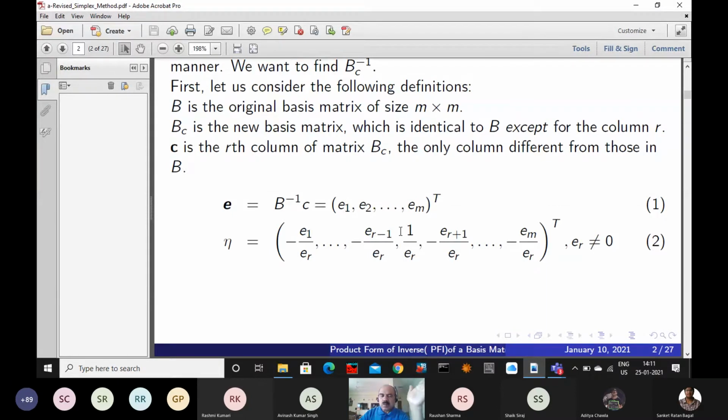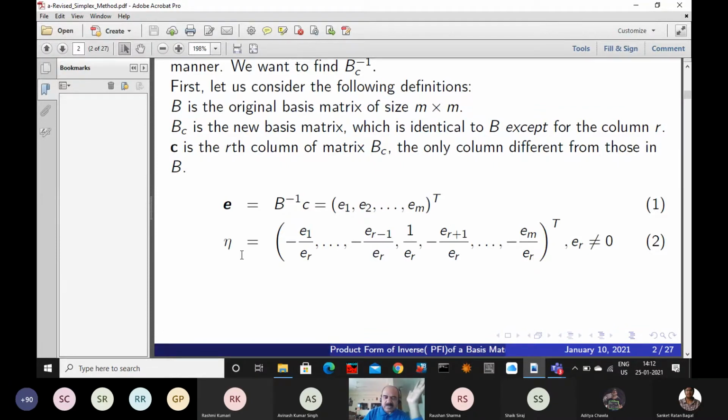Finally, for the rth column, the rth element will be 1 over ER, and this ER is non-zero, just like a pivot element in the simplex table. Then the next element minus ER plus 1 by ER and so on. Finally, minus EM by ER. We write this transpose, and this ER is not equal to 0.